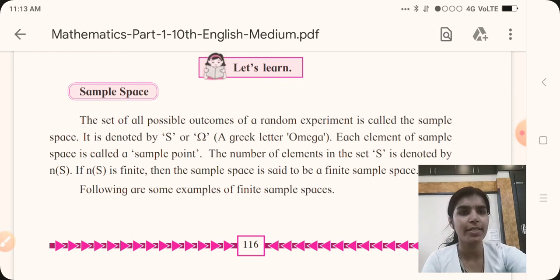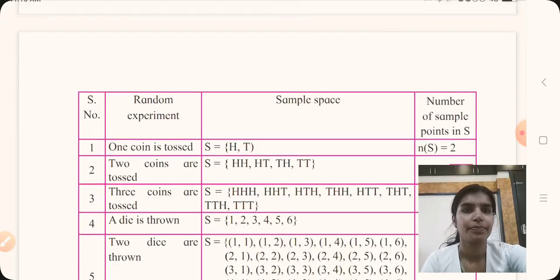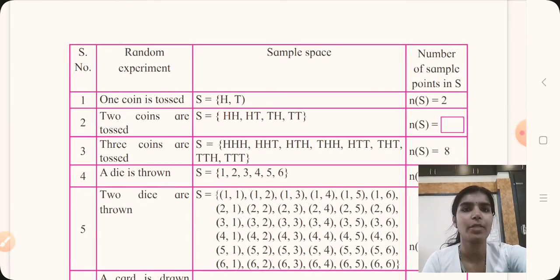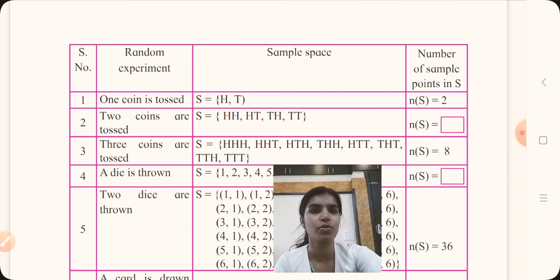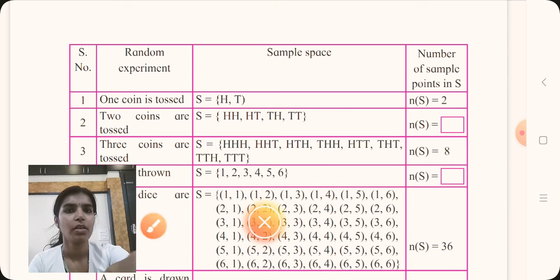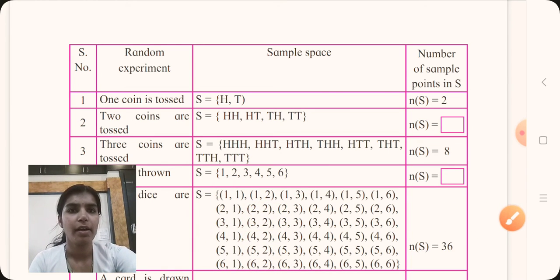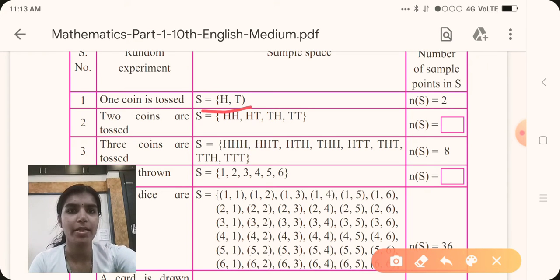Then we will see some examples of sample space. Some random experiments are there. One coin is tossed, then the sample space is S equals H, T. How many elements are there?